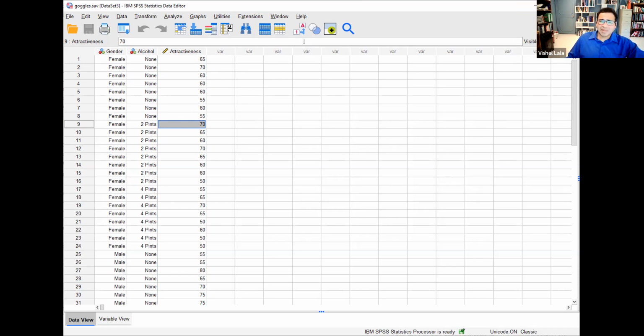He describes in his book that he conducted this experiment where he invited a bunch of people to come to a place, and some people were offered no alcohol, some were offered 2 pints of beer, some were offered 4 pints of beer. So you had random assignment in terms of alcohol level.